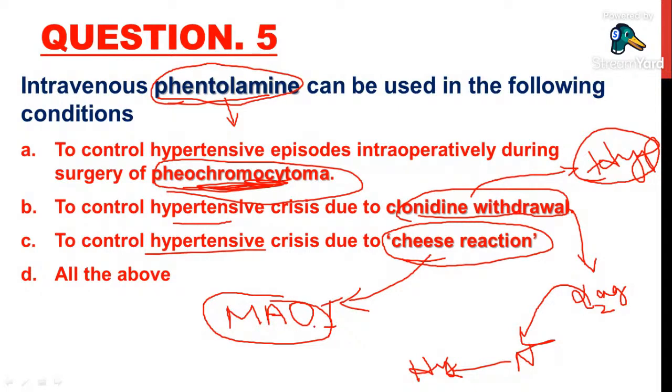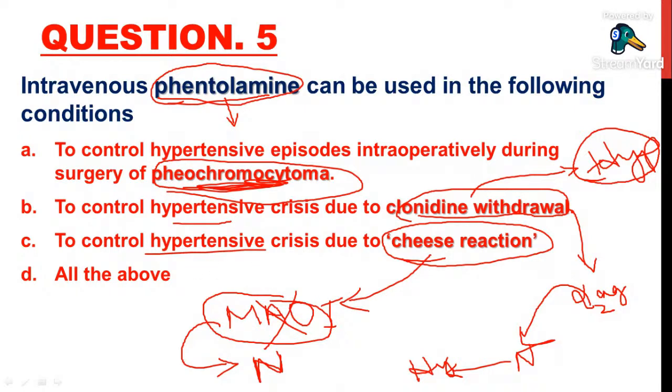When an MAOI is given, this enzyme will be blocked, and when this enzyme is blocked, the patient will have increased noradrenaline.